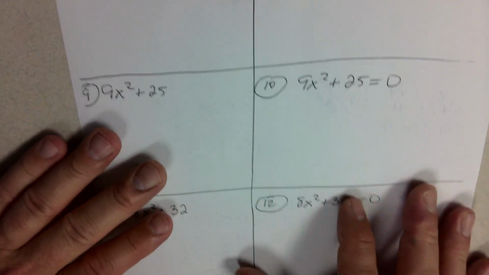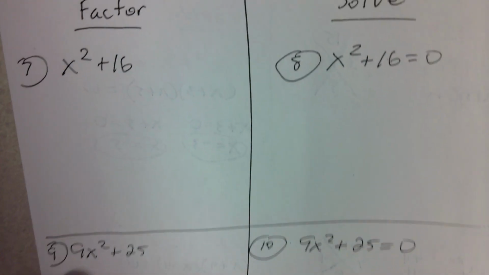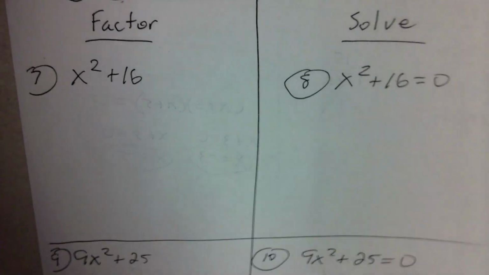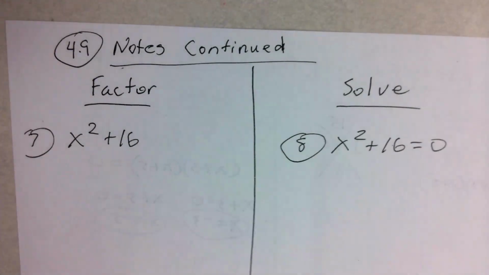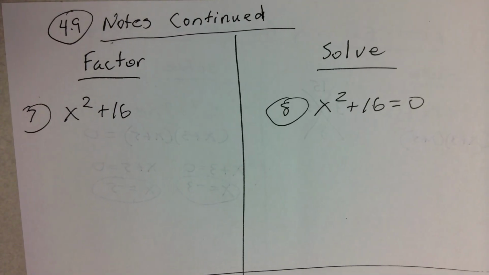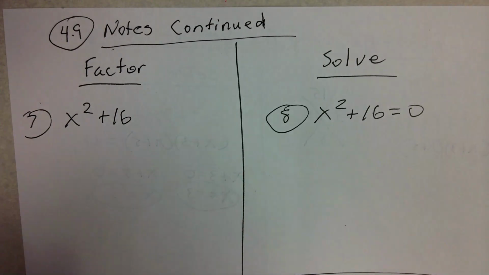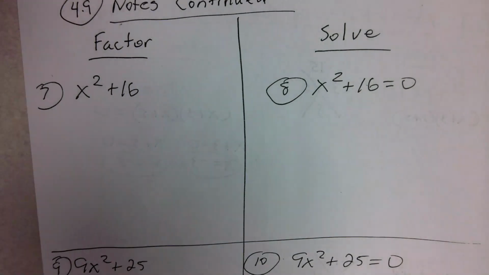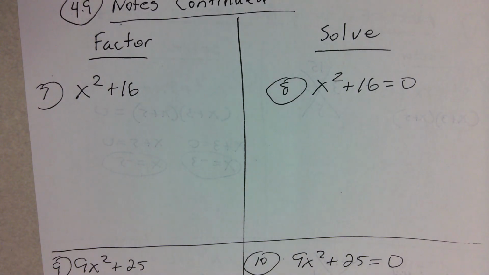Okay, flip the page over. Okay, I just want you to kind of watch this. Let's make sure you're paying attention. And I'm going to show you a reason why we can't just break these apart. Okay, so just kind of pay attention to this.